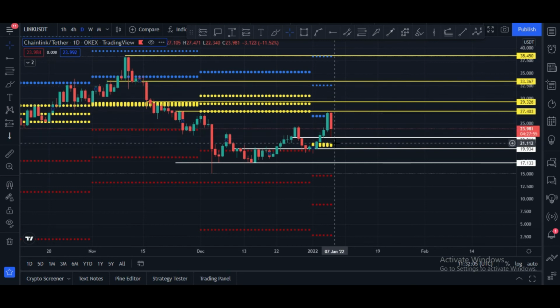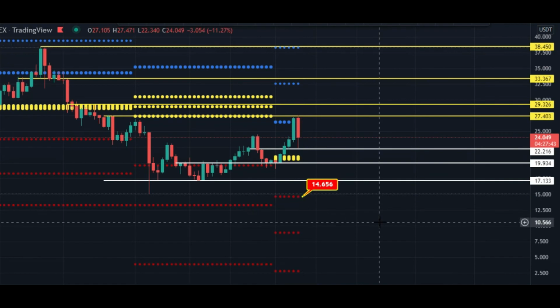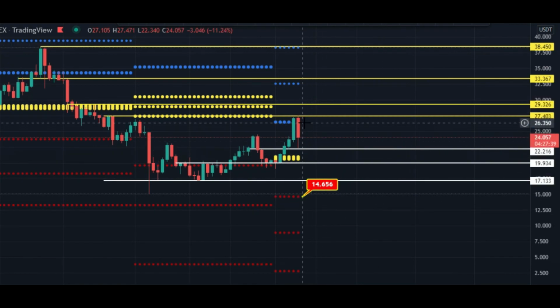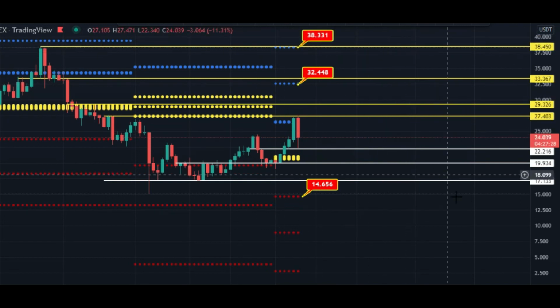Now the next spot is at the $21 price area, same area, and after that if price breaks this area, then the bearish target is the $14 price zone, and this will be the disaster. And if price bounces back from here, in that case this will be the target, $26. After that this area $32, and after that this area, the $38 price zone.